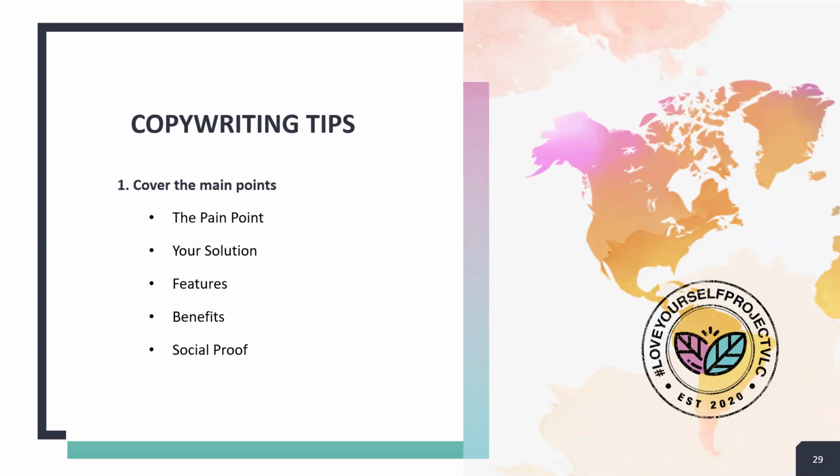And the solution to that pain point, how your solution works, like its features, how your solution will improve their situation, its benefits, and verification that it actually works, which is the social proof or testimonials. So the majority of what you write needs to address how you can help your prospect, not how awesome you are. So let's go more in depth on these.